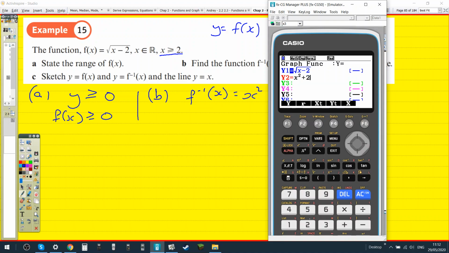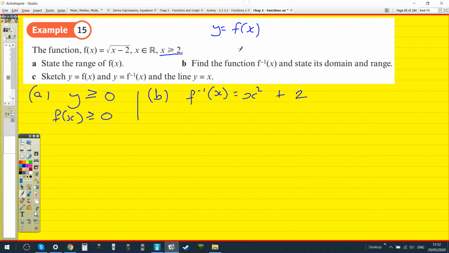Okay, so for its range, would that be like y is greater than or equal to 2?